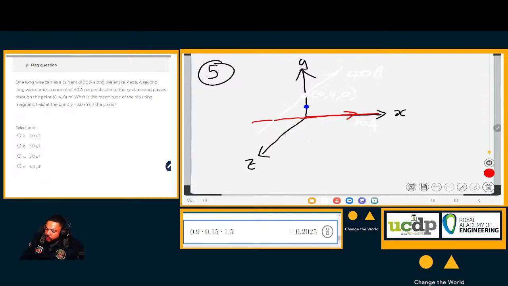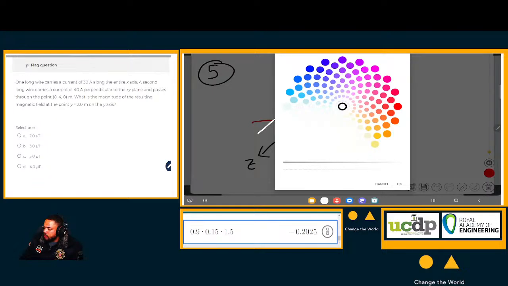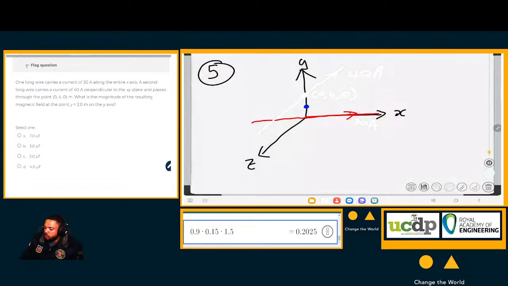Now, we know there is a formula, and I really do want to introduce you to this formula. This green is not showing nicely on the page. Let me change it to blue.